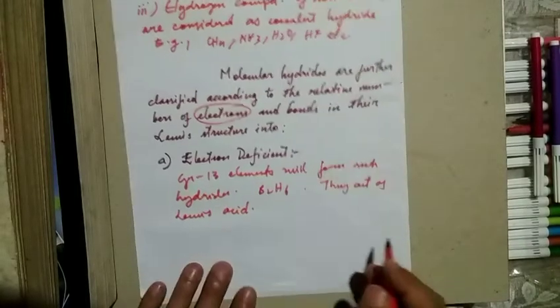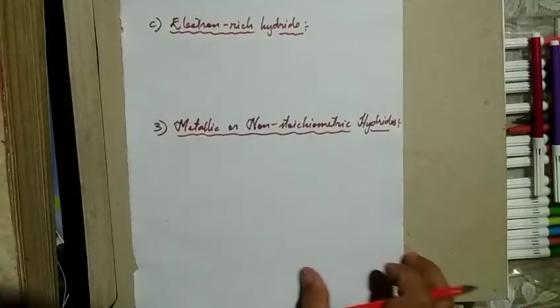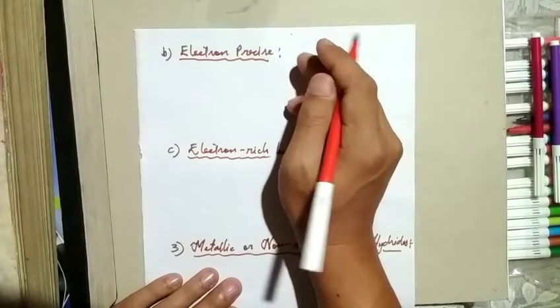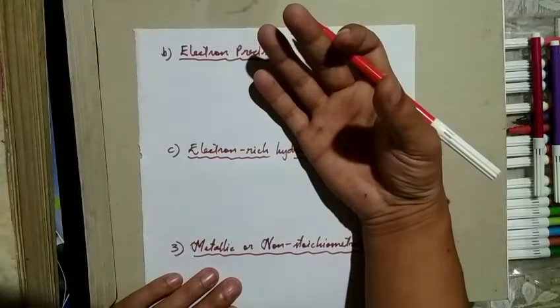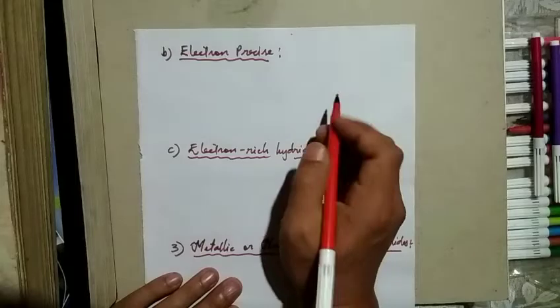These compounds act as Lewis acid. Next one is electron precise. Electron precise means they have the required number of electrons.